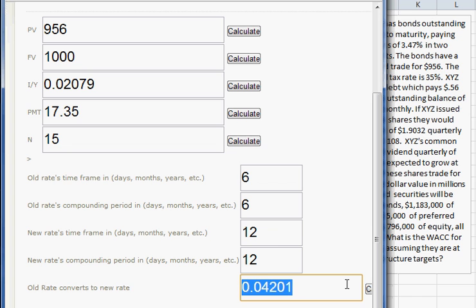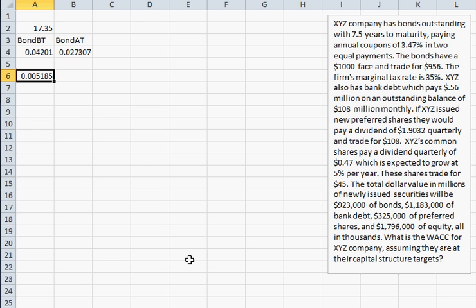So I go back, place this here. These are monthly payments. So the old frame is 1 month compounded every month, and we want 12 months compounded every 12 months. So actually we're paying 6.5% on our bank debt before tax. And after tax, it's going to be the same as the bonds, since bank interest is also tax deductible.